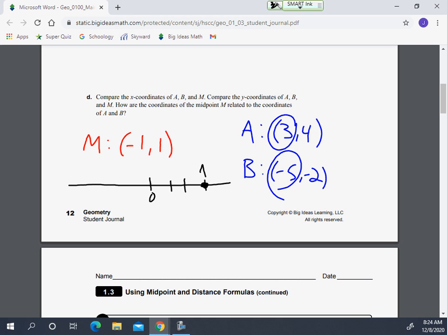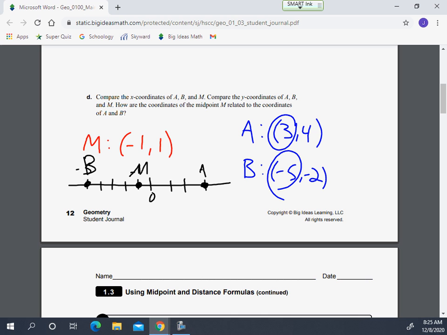There's A, and we're at -5 for B. And M is at -1. Let's draw M and let's draw B. The midpoint should be directly between A and B, right?